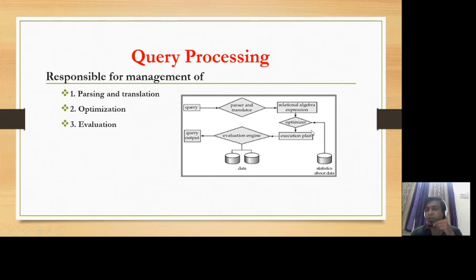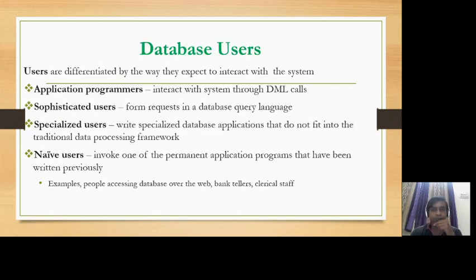Here the query is optimized, and sometimes statistical data about the query has to be fetched from the database, and this goes into the execution plan. Then the query evaluation engine executes the plan to find the data, and we produce the query output.